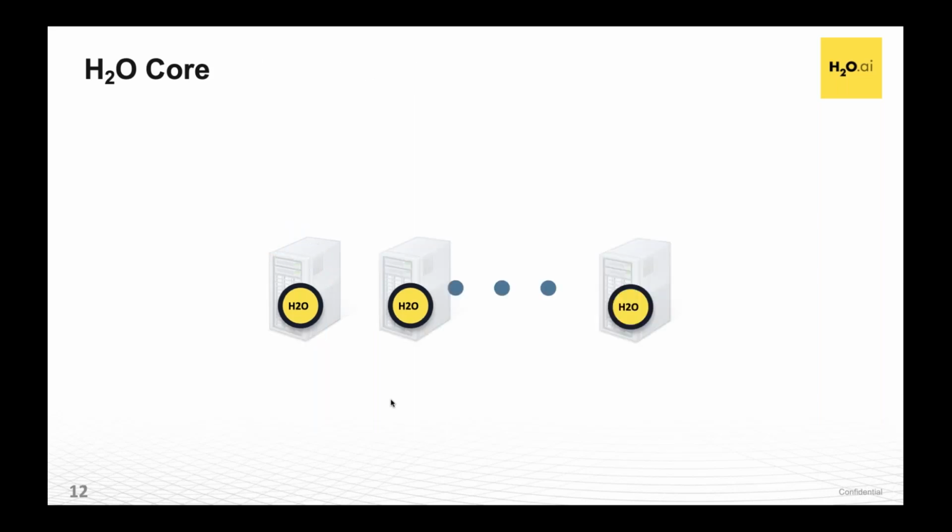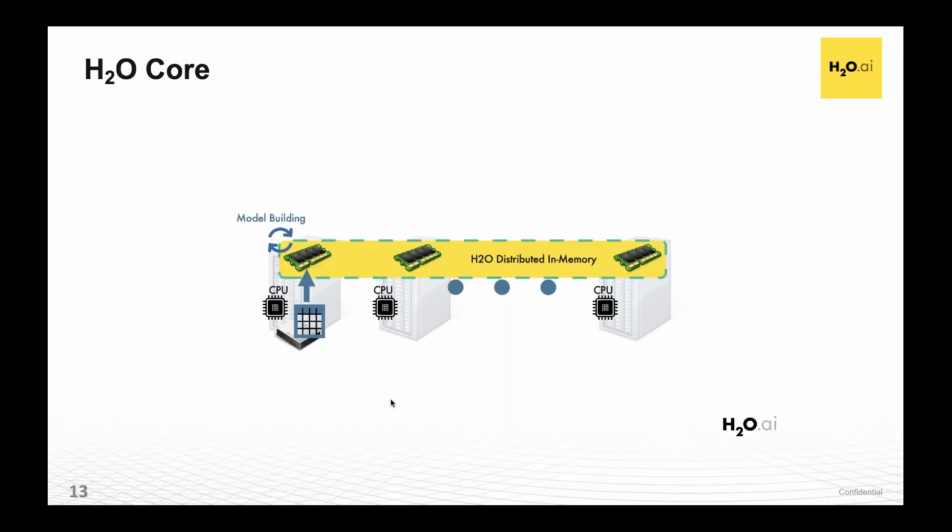So you scale out. The same thing that I showed on the previous slide, you would have running on a number of machines that are interconnected, and H2O is offering you a distributed key value store behind the scenes that enables all the distributed computations.